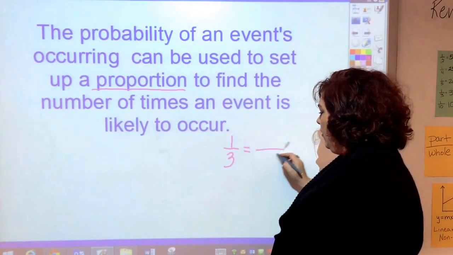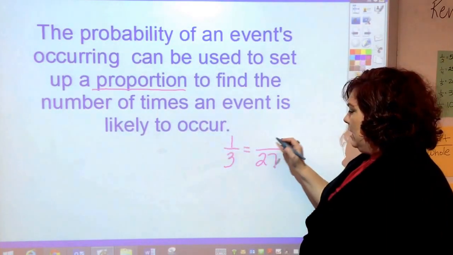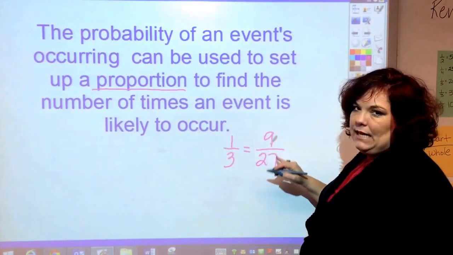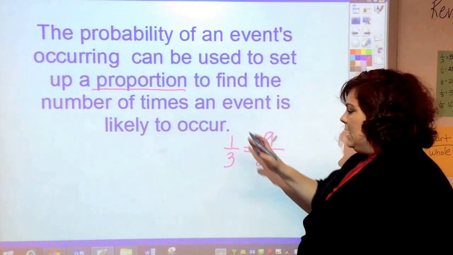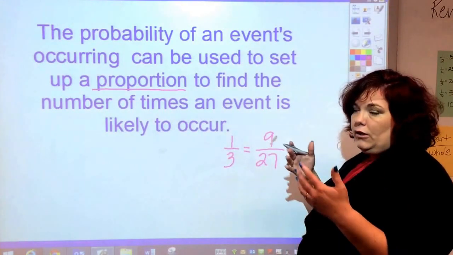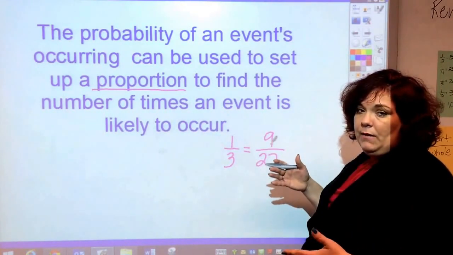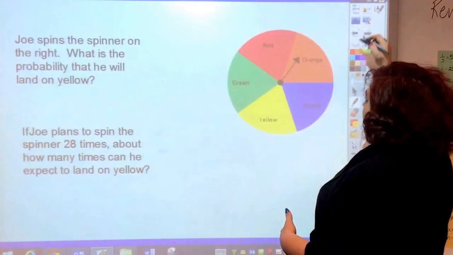And then if you roll the dice 27 times, that's times 9, that's times 9. 9 times out of 27, you're going to roll a 5 or a 6. So it's taking the probability of a simple event and then looking at what the probability would be if you did it many times and making a prediction.